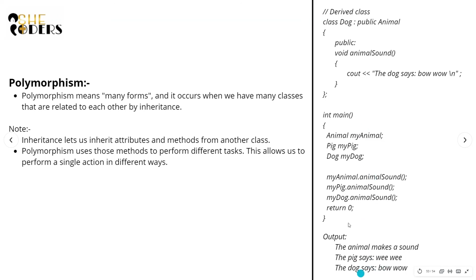Another important thing is that whenever we inherit any class from the base class or parent class, it depends on how the class is derived. Here for example, the dog is being derived publicly from the animal class.